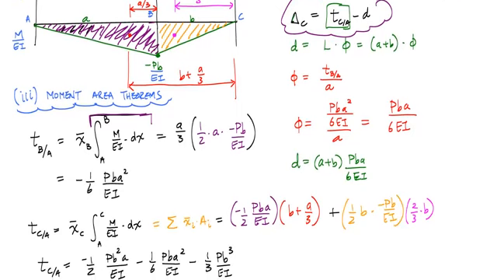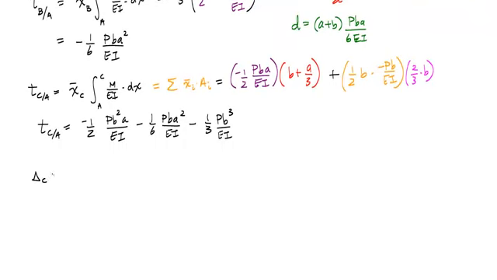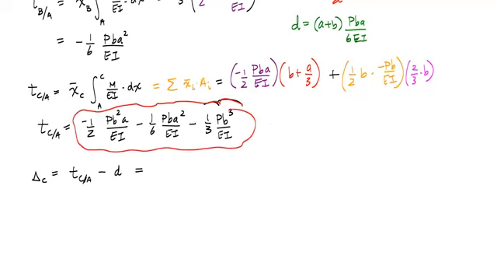This delta C, the magnitude, is equal to TCA minus D, which is essentially this mess right here, with an absolute value, so everything becomes positive.